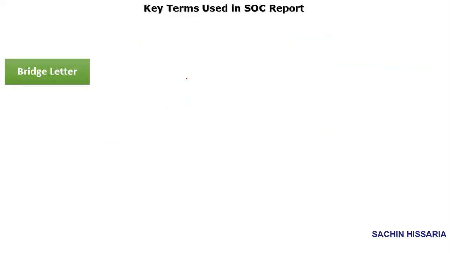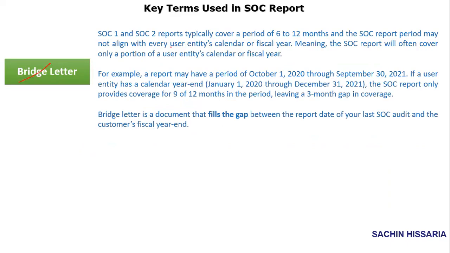Now in the SOC, there is another terminology which is called a bridge letter. Now what is a bridge letter? For example, in the previous slide, we discussed SOC generally covers a period of 6 to 12 months. Sometimes your SOC report period may not align with the user entity's calendar or fiscal year.